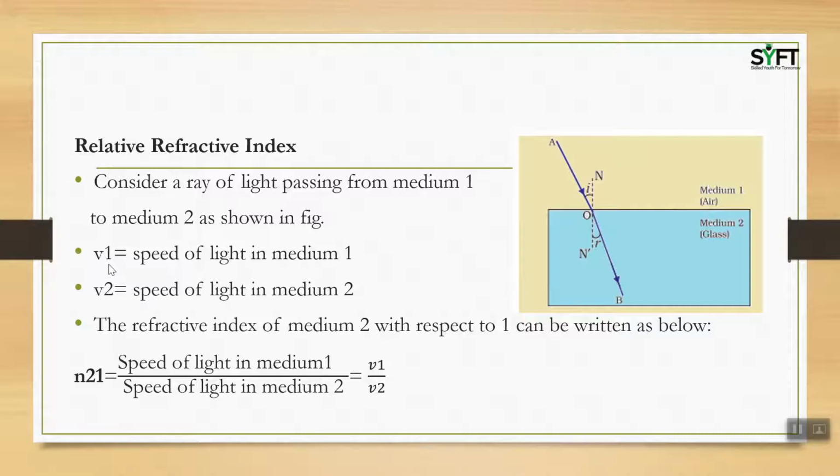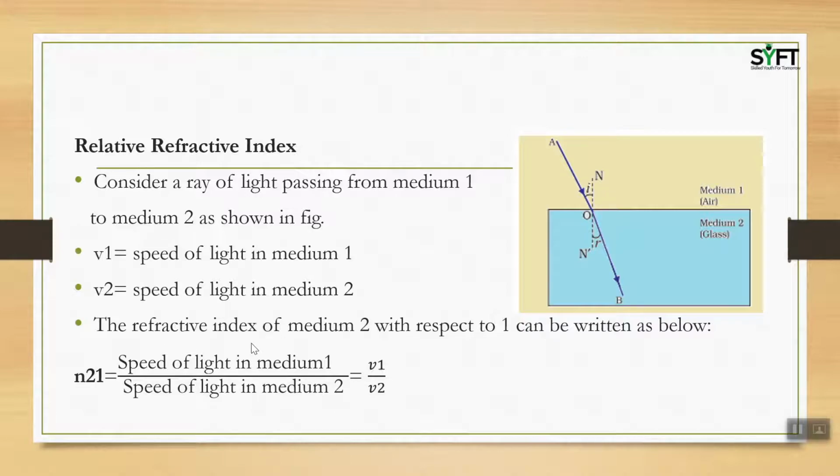Here v1 is the speed of light in medium 1, and v2 is the speed of light in medium 2.